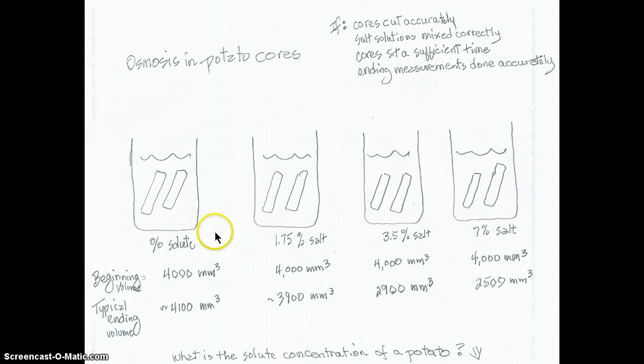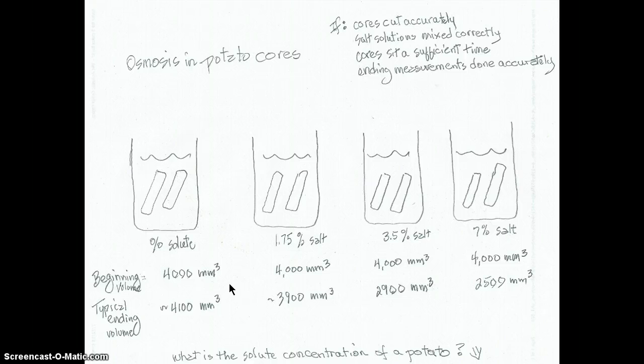Now, why is this? Well, the 0% solute solution, distilled water, has no salts or solutes of any kind in it. So it is 100% water. All living cells have some salts in them, some minerals. They have some solutes. Potatoes are no exception. Only if the potatoes had no solutes in them of any kind would those potato cores either stay the same or possibly decrease in size a little bit.